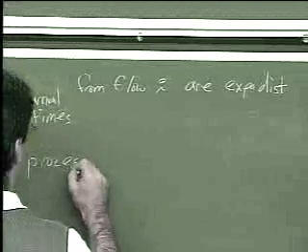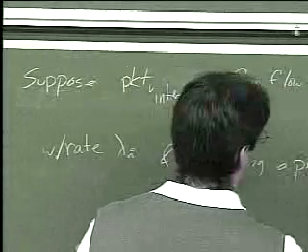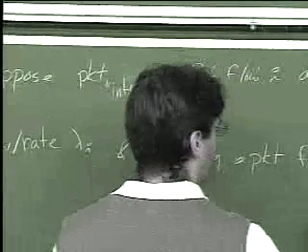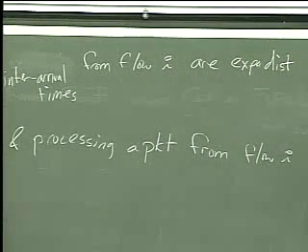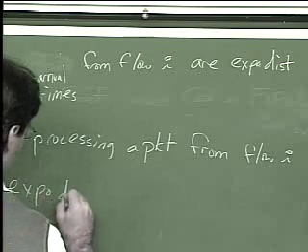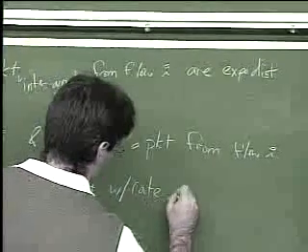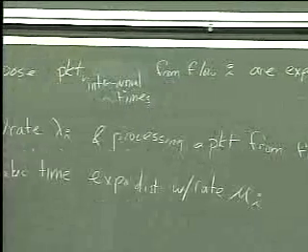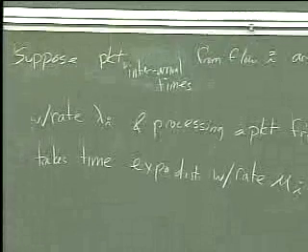Processing a packet from flow i takes time exponentially distributed with rate mu sub i. Okay, so you understand the question I'm asking?